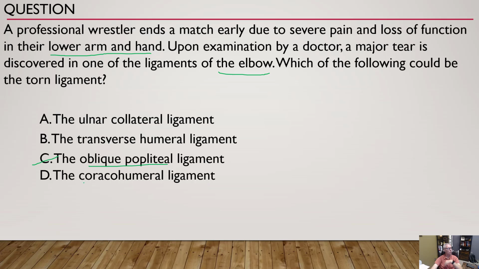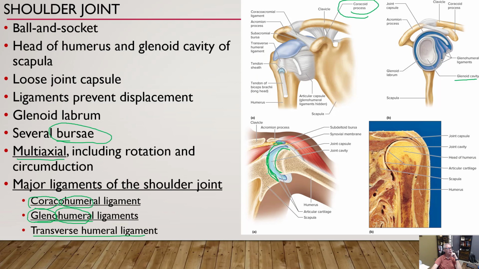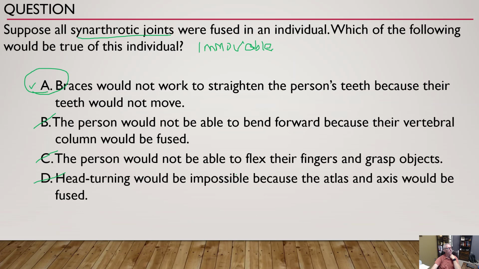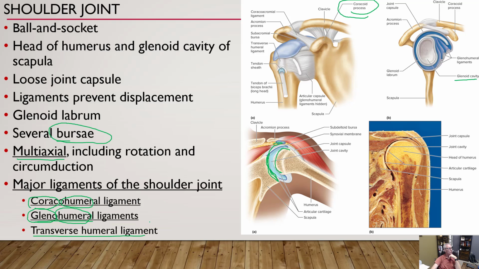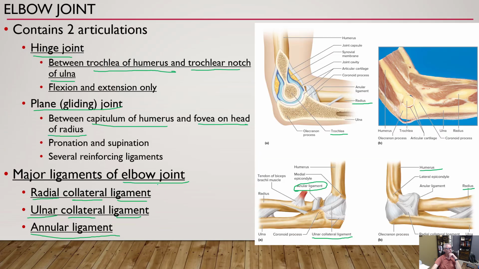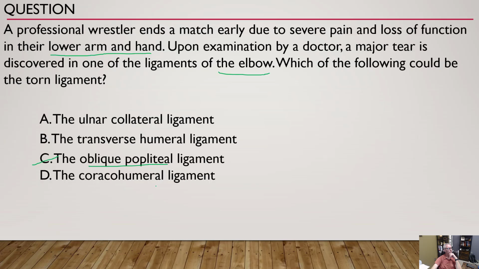All right, so coracohumeral ligament. Let's go back and figure out where that one was. Coracohumeral ligament, that's in your shoulder. So we're looking for the elbow. So coracohumeral ligament, we're going to throw out. This one's in the knee.